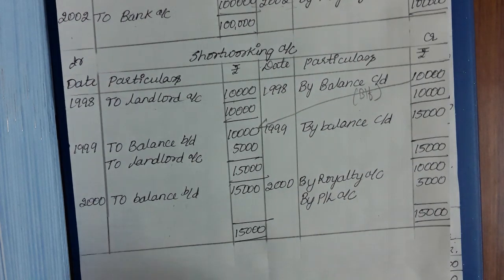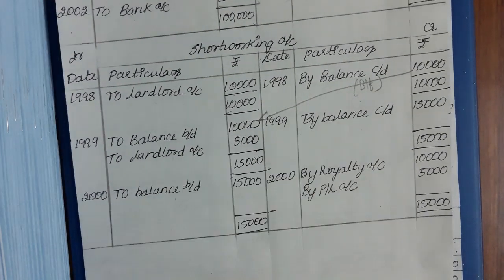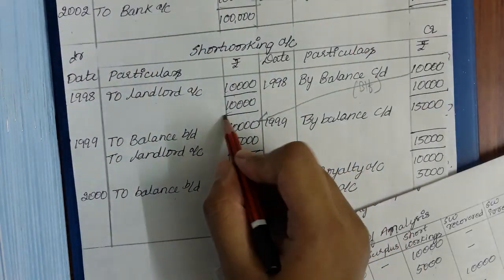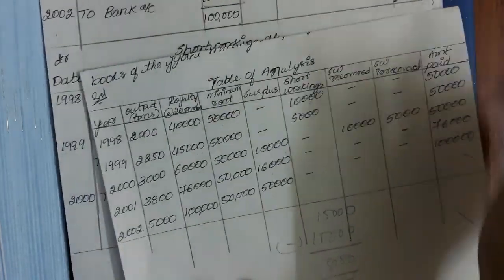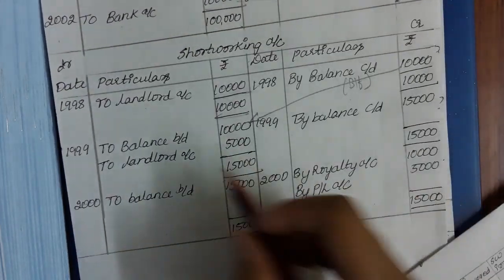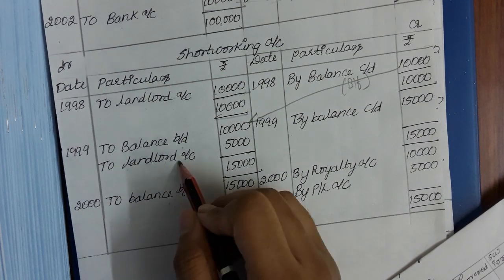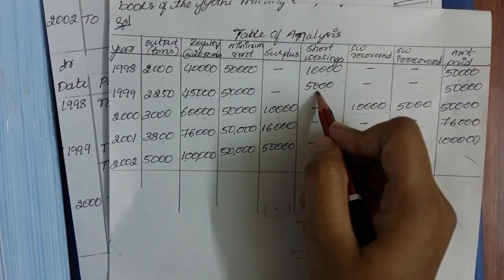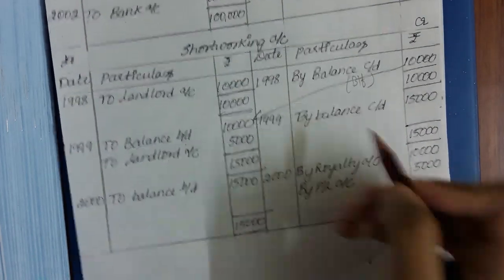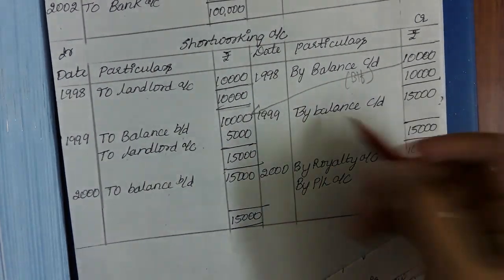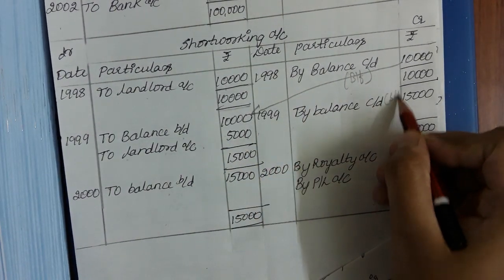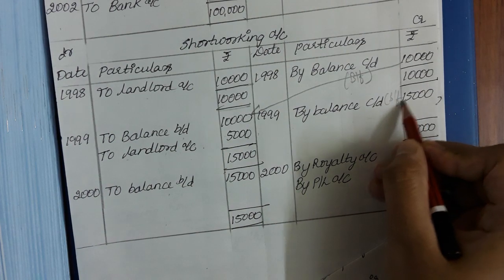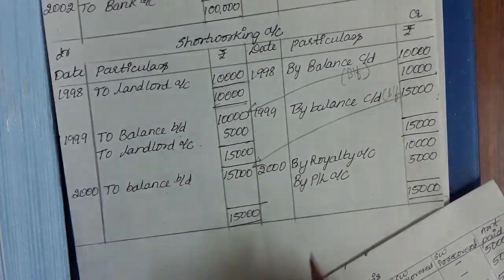Next, the second year also there is short workings. Along with this balance brought down, you will be writing to the landlord account the short workings of rupees 50,000. You can't recover that, so you will be writing the balancing figure as a total of 15,000 and carrying it to the next year.